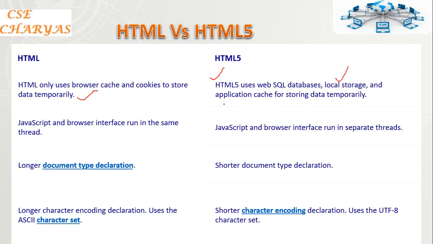JavaScript and the browser interface run in the same thread in HTML, whereas in HTML5, JavaScript and the browser interface run in different threads. The document type declaration in HTML takes more time, whereas in HTML5 it takes less, that is shorter.